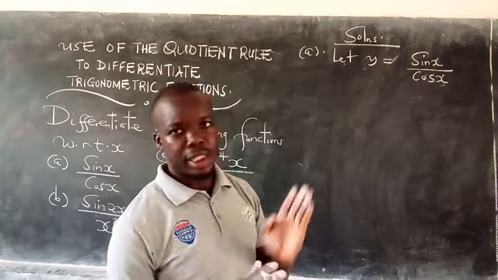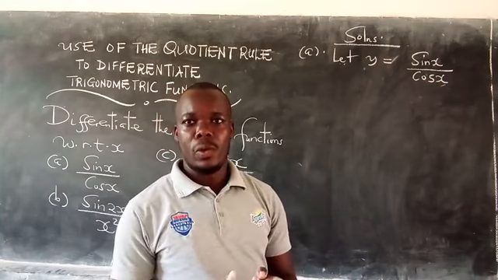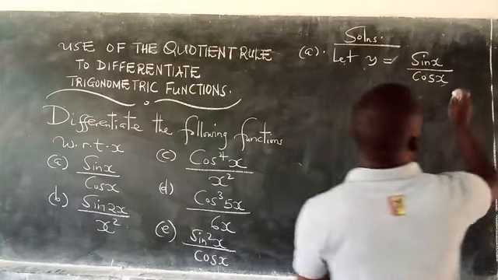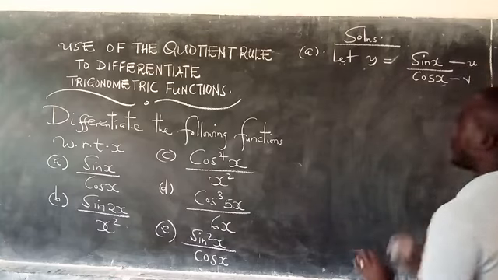Then the numerator will automatically be u. There is no flexibility like the product rule where any of them can be u and any of them can be v. So by all means this has to be v and this has to be u.